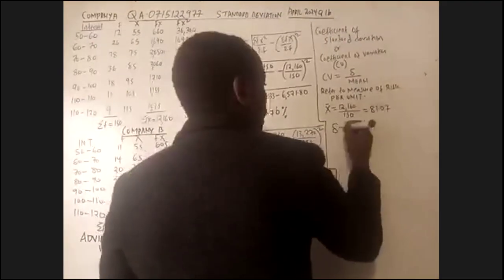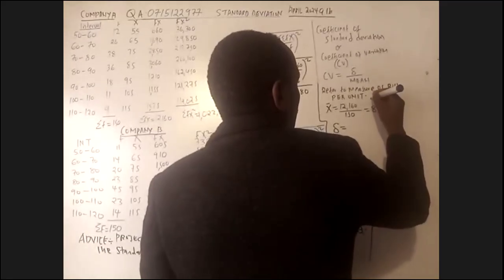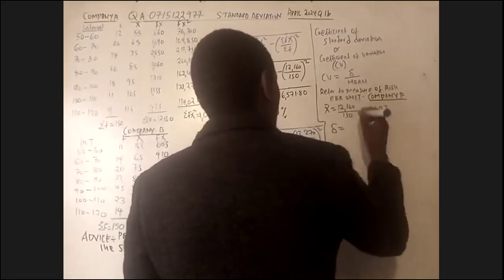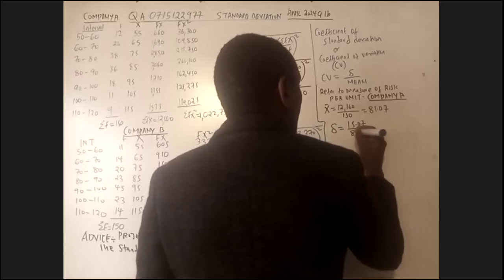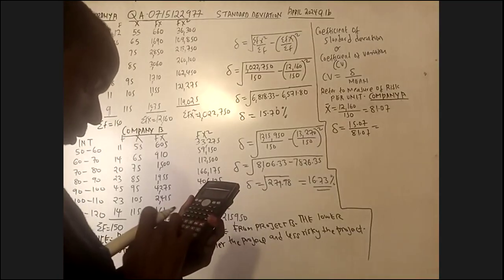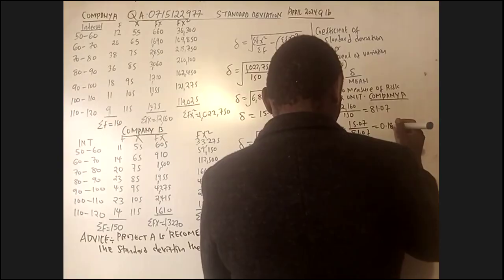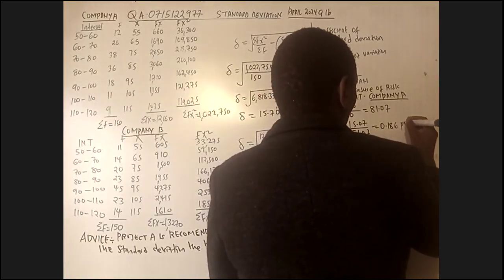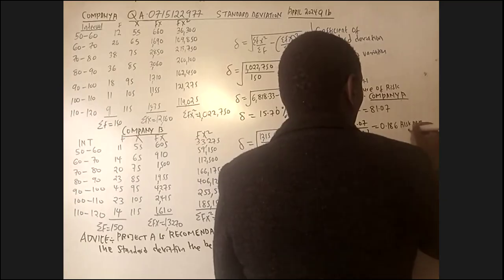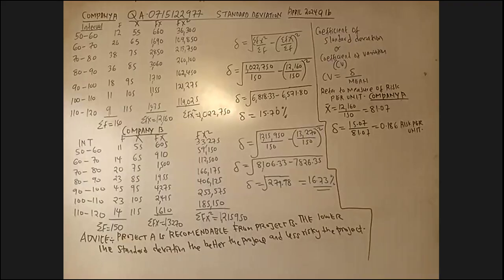So the CV for company A is 15.07 divided by 81.07, which is 0.186 risk per unit.